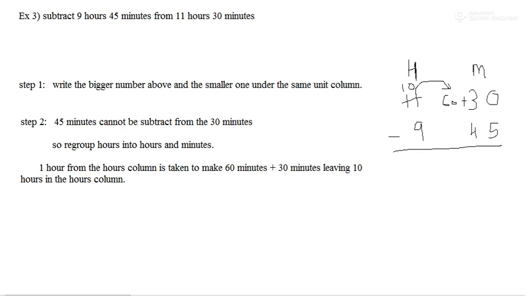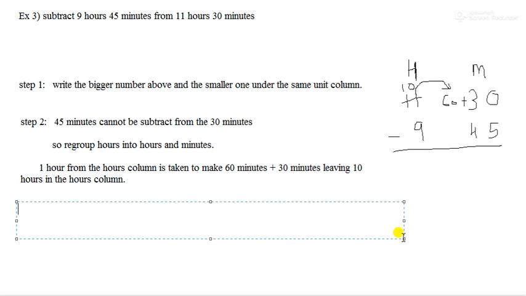Now the next step, step 3, subtract the minutes. Here what are the minutes? 90 minutes, 60 plus 30 is 90. So 90 minutes minus 45 minutes is how much? 90 minus 45 is 45 minutes.